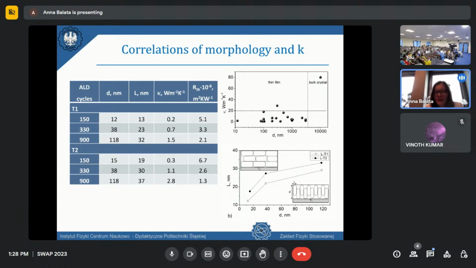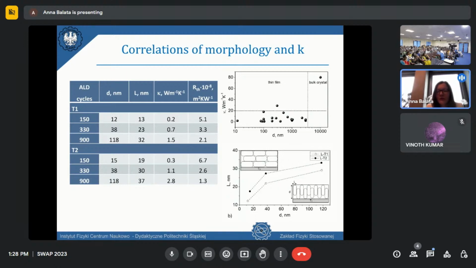Having the mean grain size and thermal conductivity, we were able to calculate the grain boundary resistance. This is the last parameter, RTH. And we found that this parameter decreased with the increase of layer thickness and increase of mean grain size.